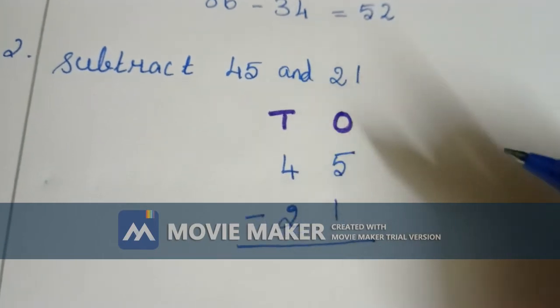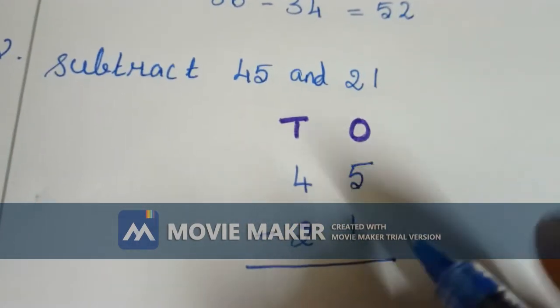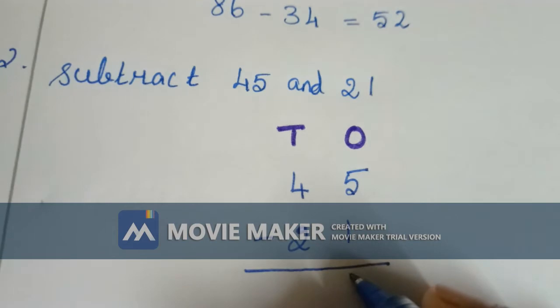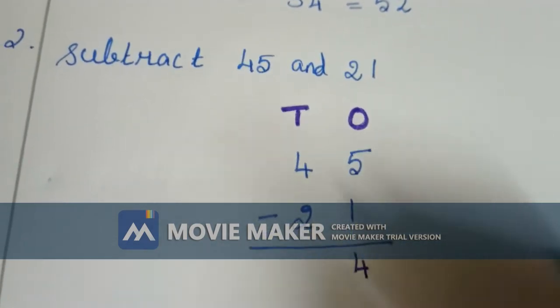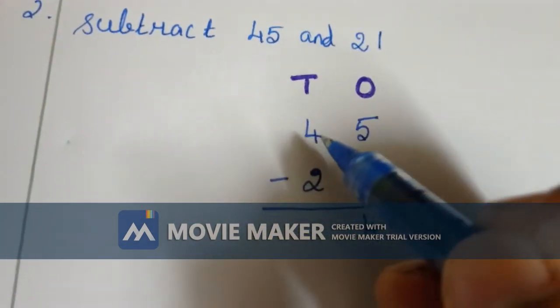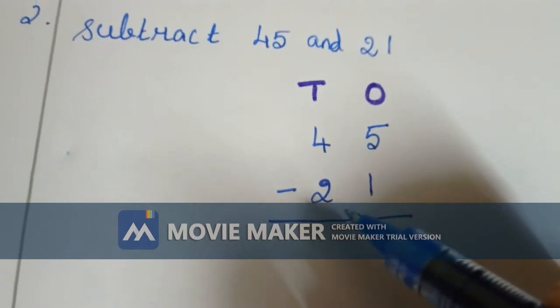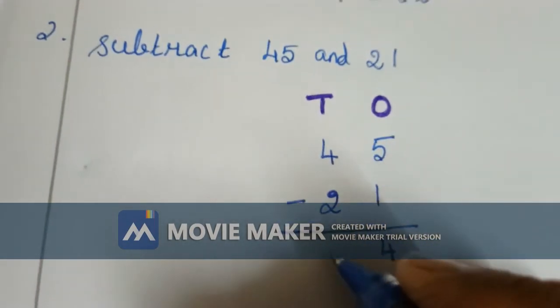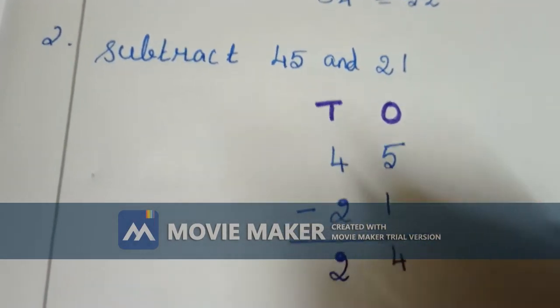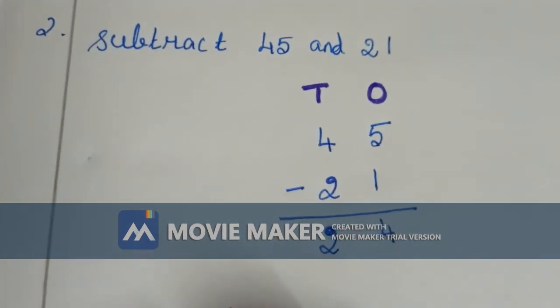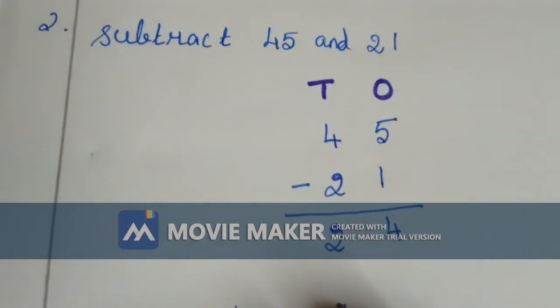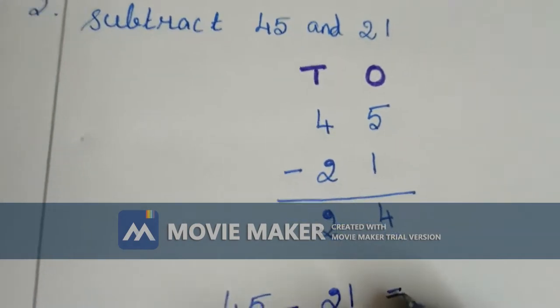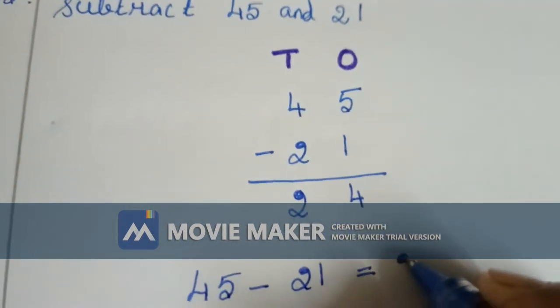The remaining fingers are 4. So 5 minus 1 is 4. The next, 4 minus 2 is 2. So the answer is 45 minus 21, which gives us 24.